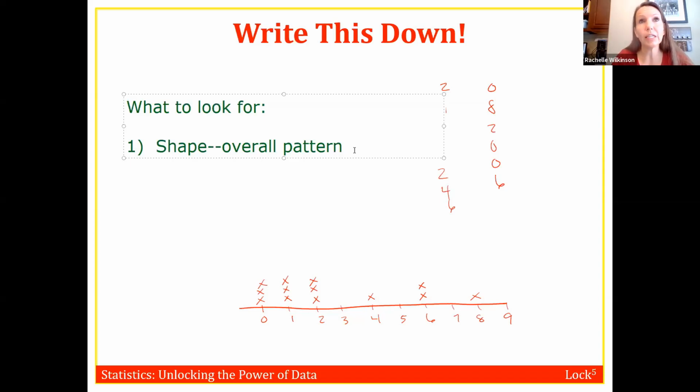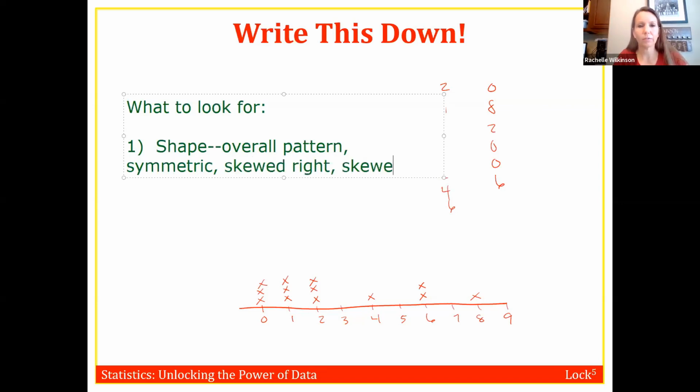We're going to look and see if there's multiple peaks, which we call modes. So that's going to be interesting. Those are kind of the basic ones that we're looking for. Skewed right, skewed left. We're going to look at number of modes, which is just the number of peaks.